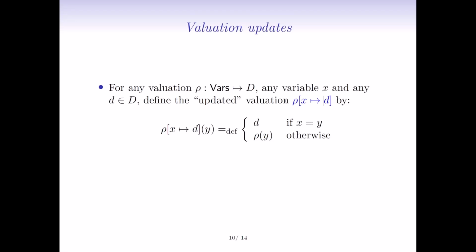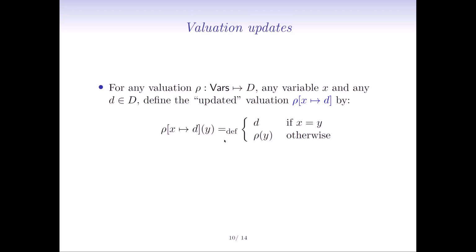Then the updated valuation, rho with x maps to d, is defined by, well, if you apply the updated valuation to the variable x, then it must send it to d. So the whole point is that this valuation is exactly like rho, except that it sends x to d. So if you apply it to a variable which is equal to x, then the result is d, and otherwise it just returns exactly what the original valuation would have done to the variable anyway.